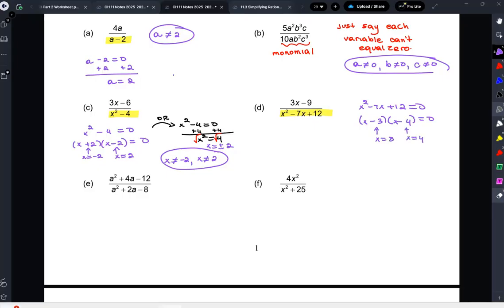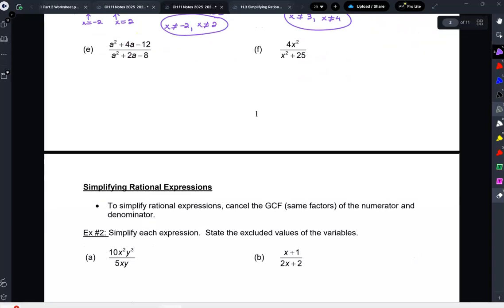So x equals 3, x equals 4. So the excluded values are x can't equal 3, x can't equal 4. Cool? Okay, this one. Take the denominator. Let's see. a squared plus 2a minus 8 is equal to 0.